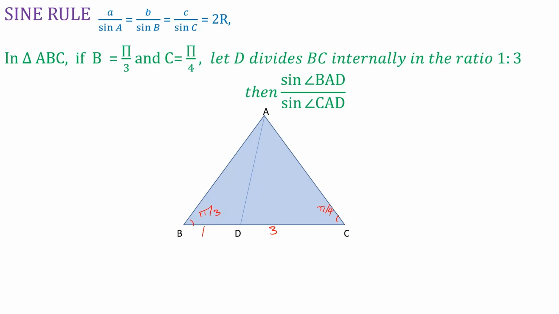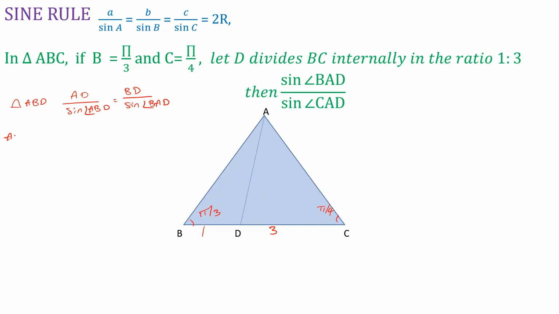Because of this AD line, the triangle is divided into two parts. The first one is triangle ABD. In this, if we apply the sine rule for sides AD and BD, we can write AD upon sine angle ABD is equal to BD upon sine angle BAD.